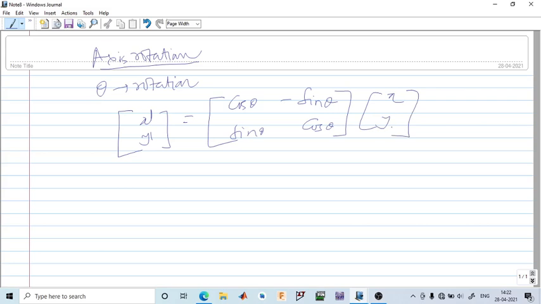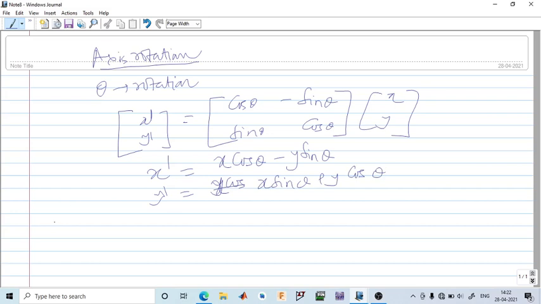This is the matrix form, right? So from here we can say x dash equals x cos theta minus y sin theta, y dash equals x sin theta plus y cos theta.